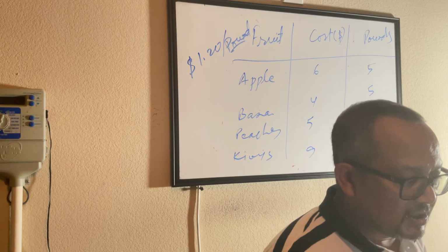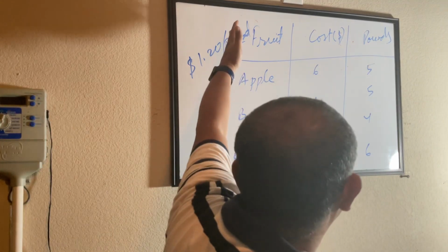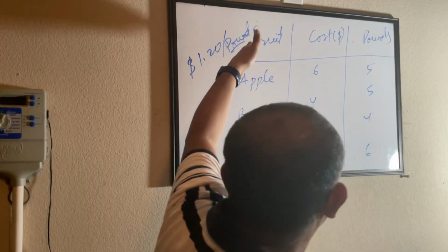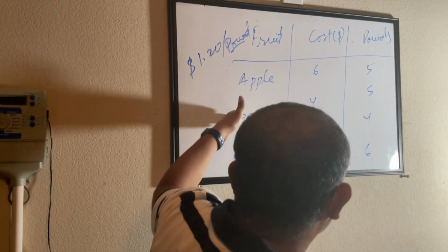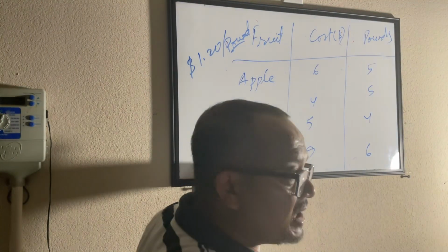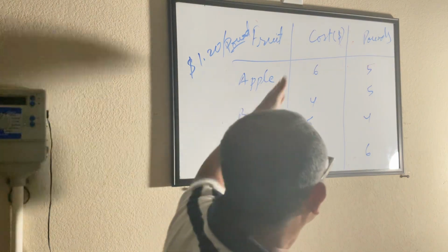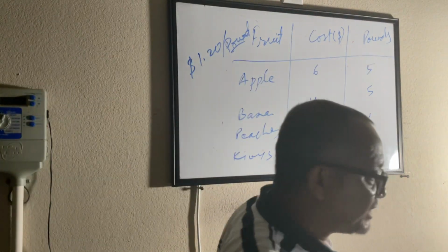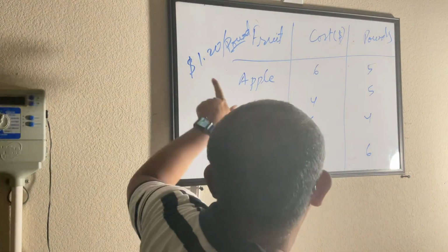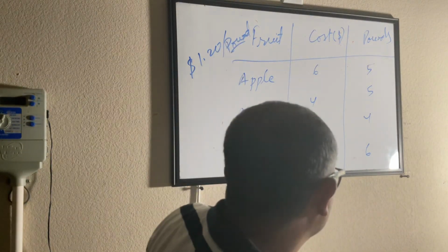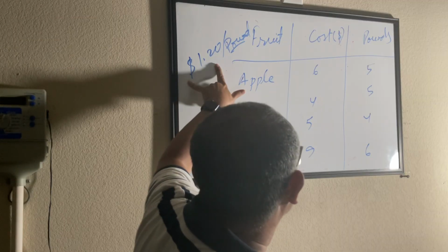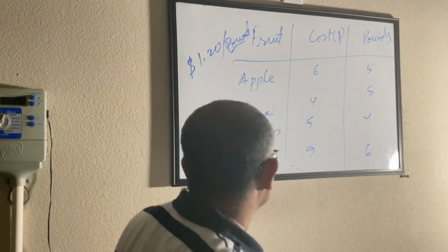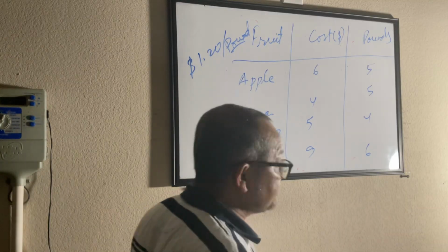Okay. I have just given a table saying fruits, cost and pound. These are three columns. In the fruit column I have apple, bananas, peaches and kiwis. In the cost column I have 6, 4, 5, 9, and in the pounds column I have 5, 5, 4 and 6. And the question is, which of the fruits cost $1.2 per pound? I think it's peaches. You think peaches? Okay, we'll see.